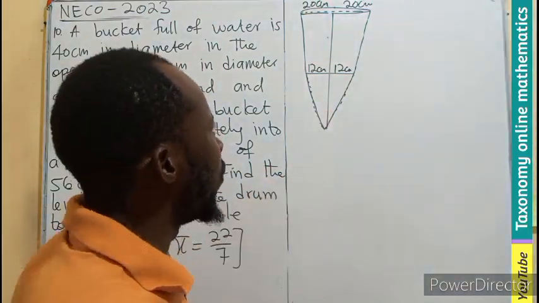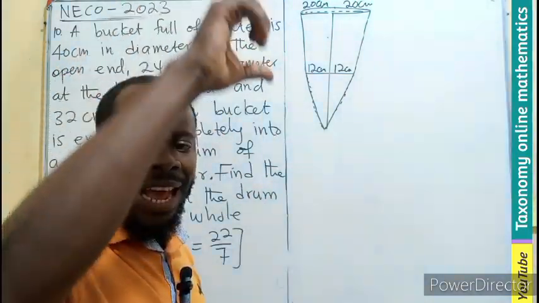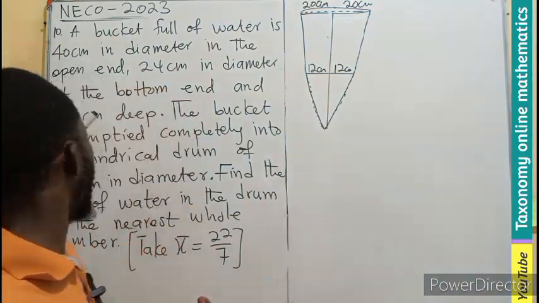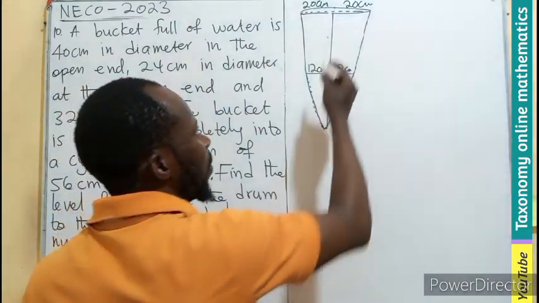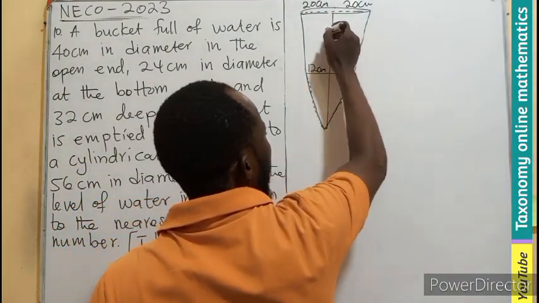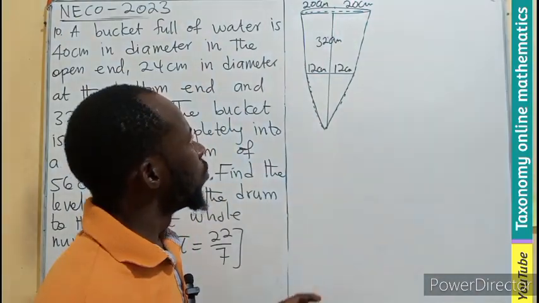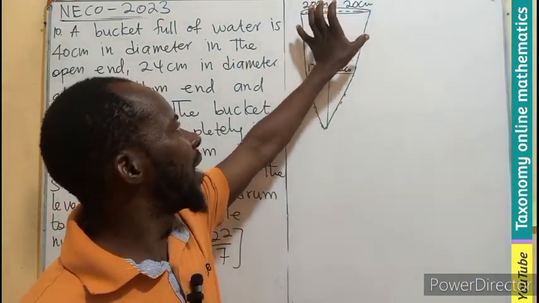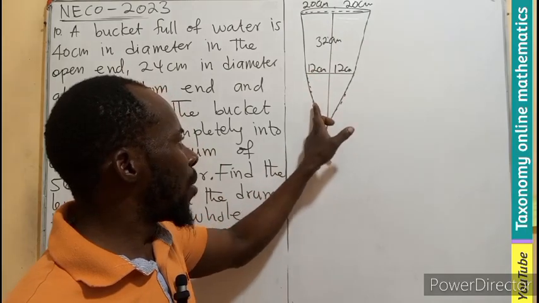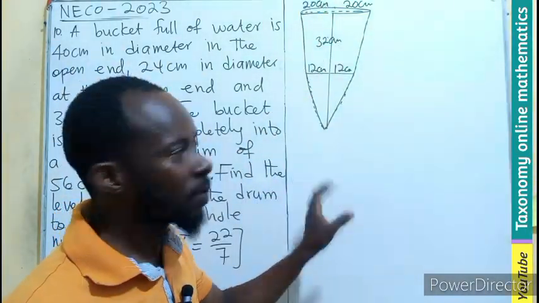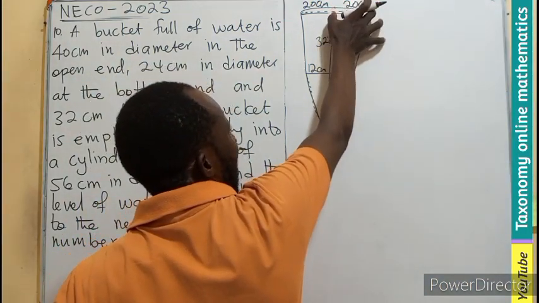Now we are saying that the water in the bucket is 32 centimeters deep, meaning from the top to the bottom it will be 32 centimeters. The bottom here is also a cone, so let's take half of it.